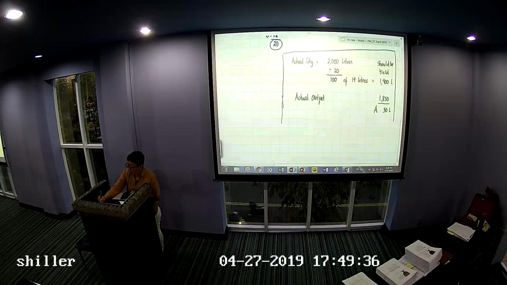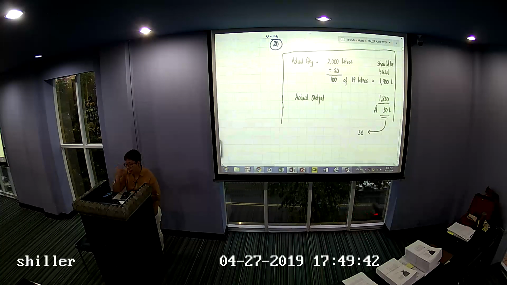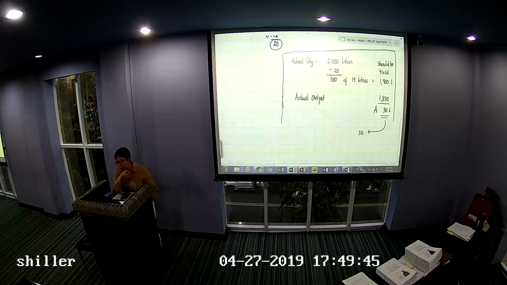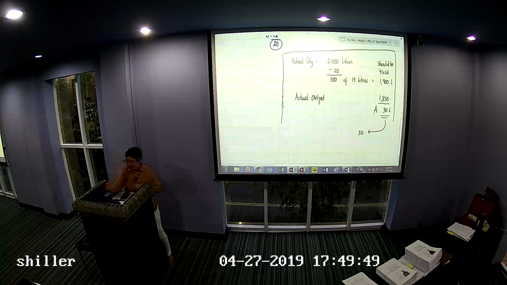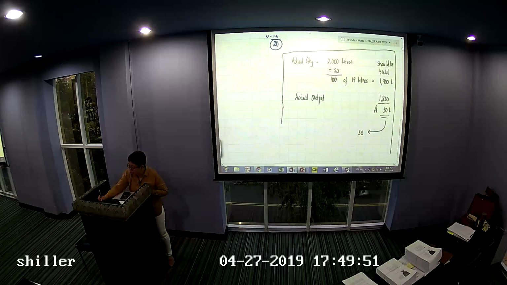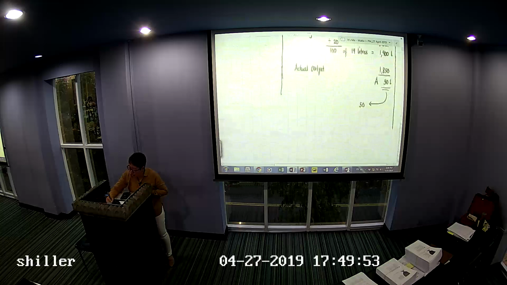So now we have to reverse back. This 50 liters, I need to multiply it by the cost. How much is it to make 19 liters?